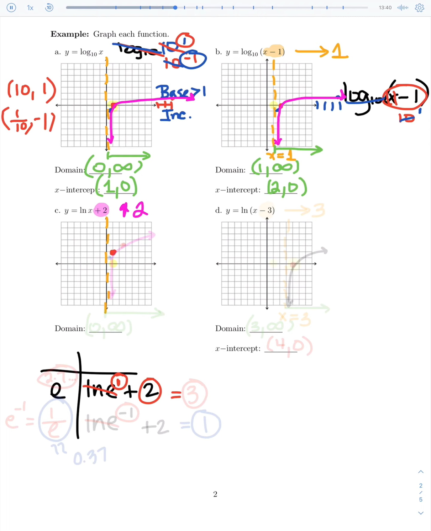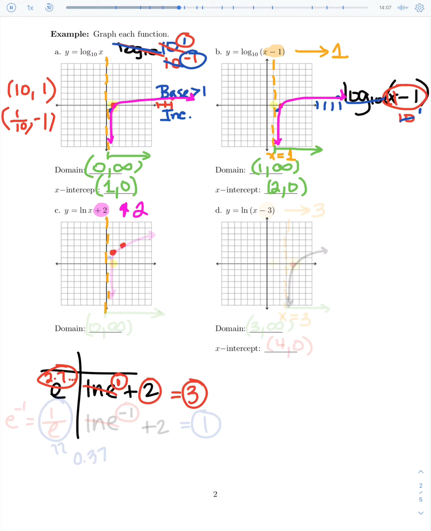Plus 2 is 3. So that means e, which is about 2.7, when we plug it in, we get out 3. So we can plot that point, something like this.